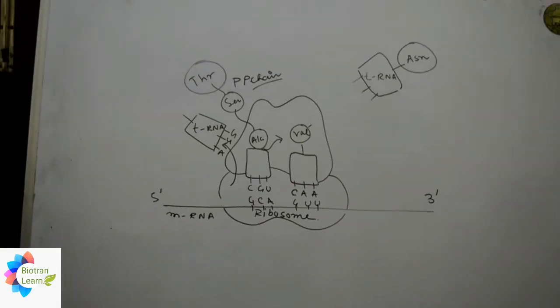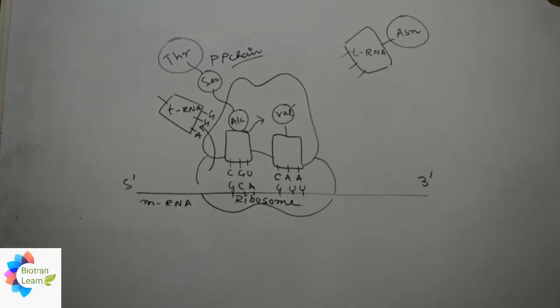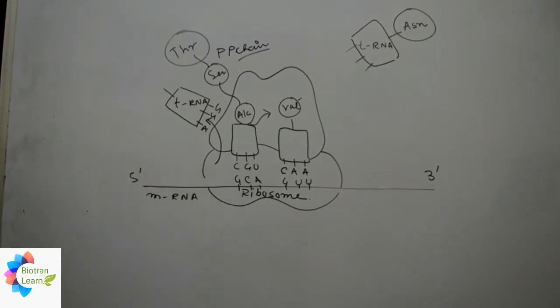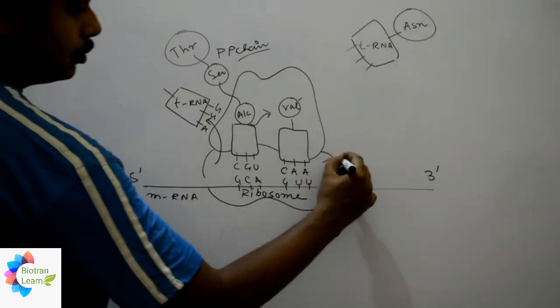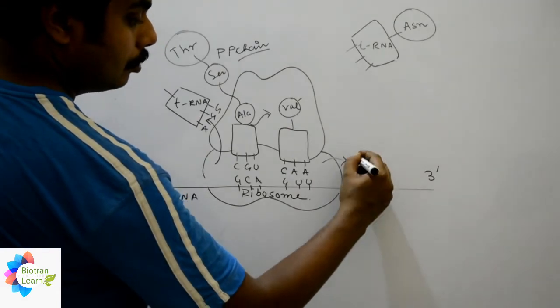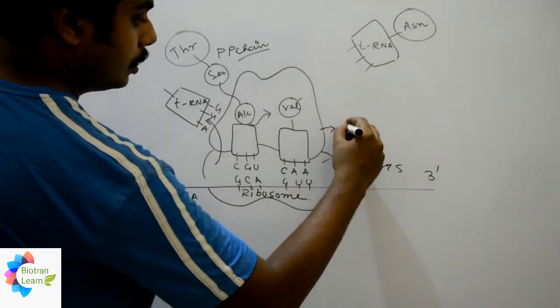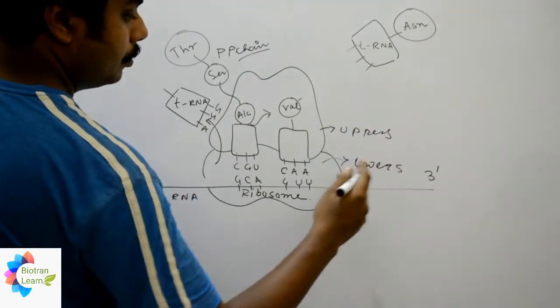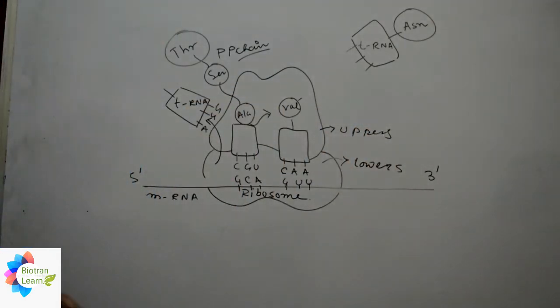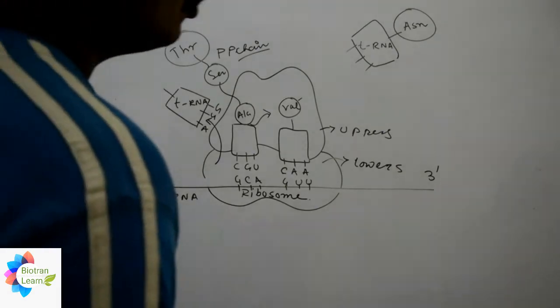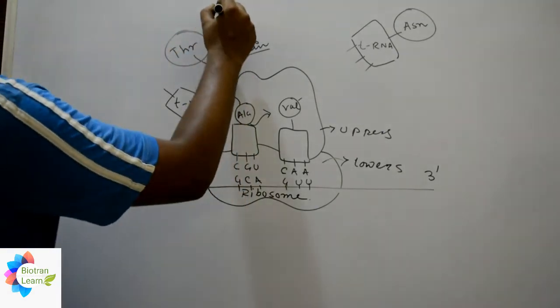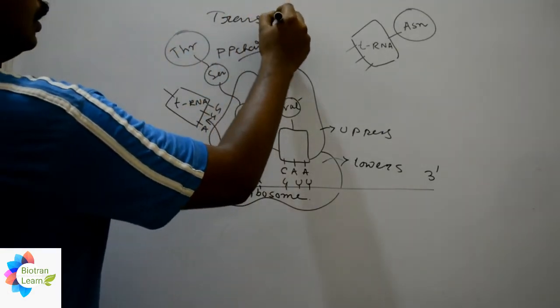Now in this particular section we are able to see a ribosome structure. This is the ribosome, this is the lower subunit, this is the upper subunit. So what happens in case of translation?